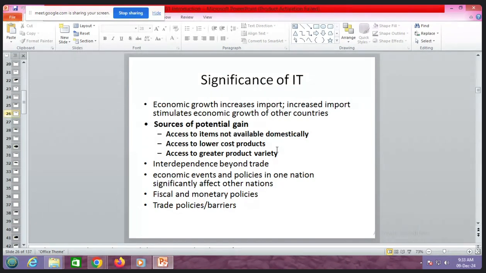That is the reason why we try to briefly understand the trade statistics over a period of time.